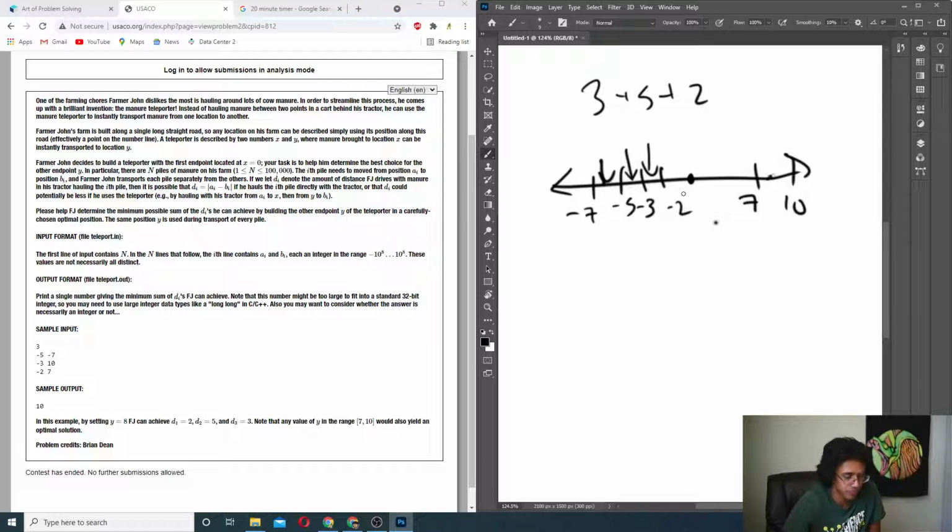Well, what do we even have to update when we go between stuff? Let's say we moved this teleporter from here to here. Then this guy, who used to be helped, will actually not get helped, or actually, this guy would potentially get helped more. If you do from 8 to 6, it doesn't change anything.